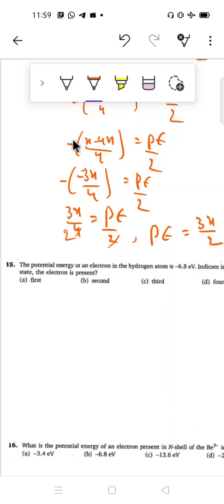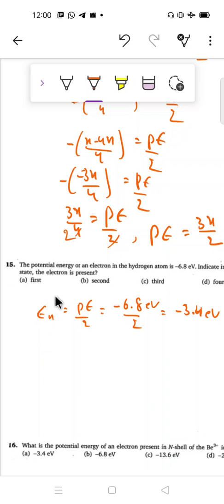We know energy is equal to potential energy by 2. They have given potential energy is equal to minus 6.8 electron volts, so by 2 you can get minus 3.4 electron volts.